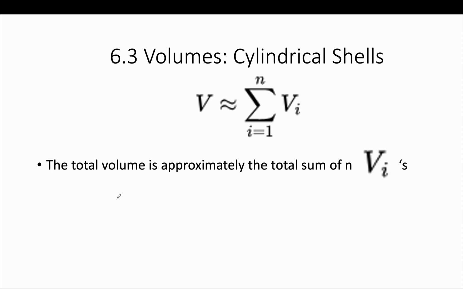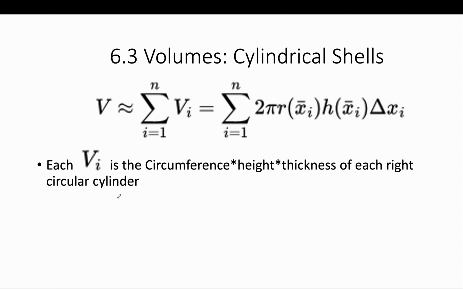We usually say that the volume is approximately the summation of all the V_i's. So that's each cylindrical shell, n cylindrical shells. That approximation is equal to 2 pi x_i bar, h of x_i bar, delta x_i, where x_i bar is basically the midpoint of this radius.